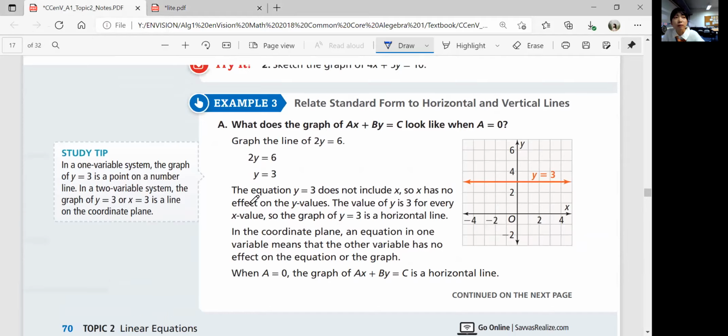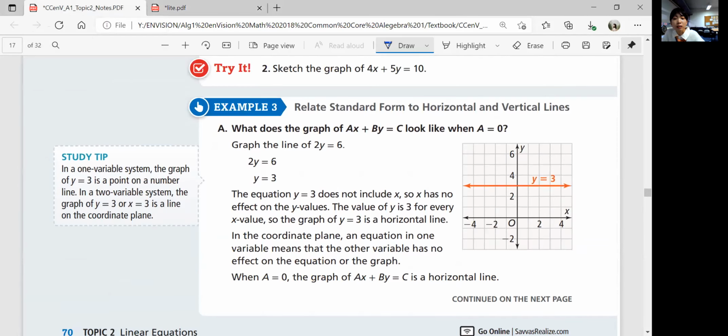Now example 3. We're going to relate standard form to horizontal and vertical lines. What does the graph of ax plus by equals c look like when a is equal to 0? So let's see what happens when a is equal to 0. Then 0 times x is just 0.